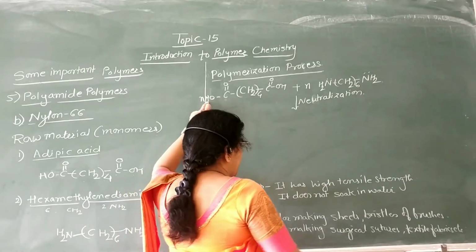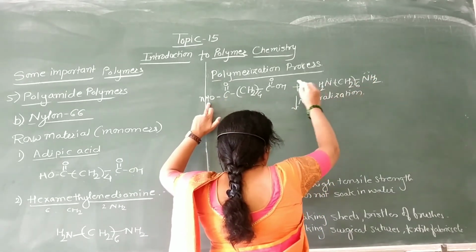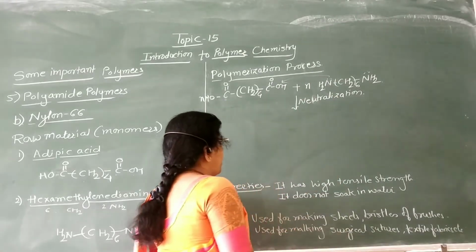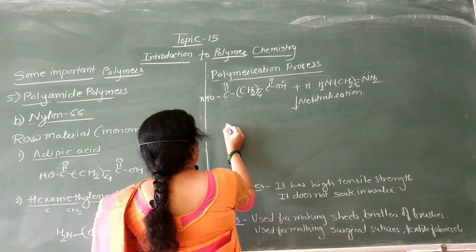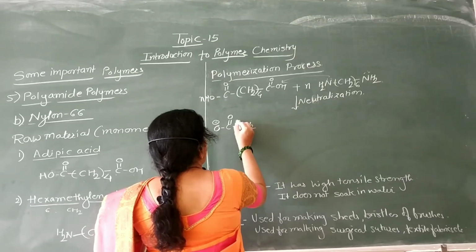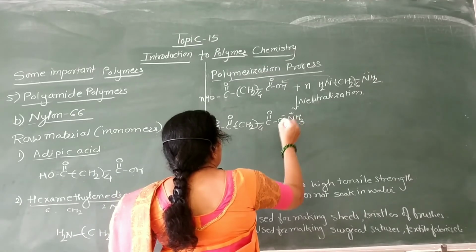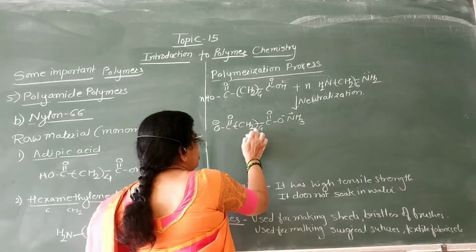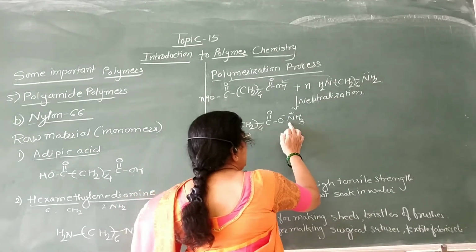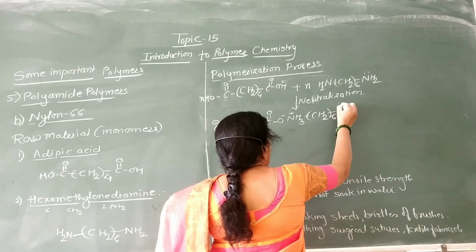This H plus ion is gained by the NH2 group, that is, the lone pair of electrons of the nitrogen atom accepts this proton towards itself, and similarly the other nitrogen atom accepts the proton. So we get a nylon salt: O minus, CO, CH2 4 times, CO, O minus, and the hydrogen atoms get attached to the nitrogen atoms, giving NH3 plus, CH2 6 times, NH3 plus. This is nylon salt.